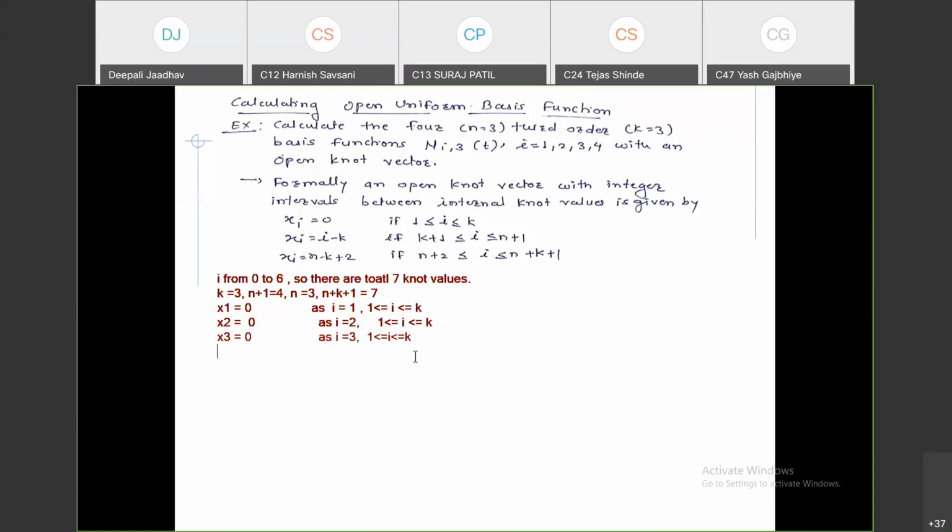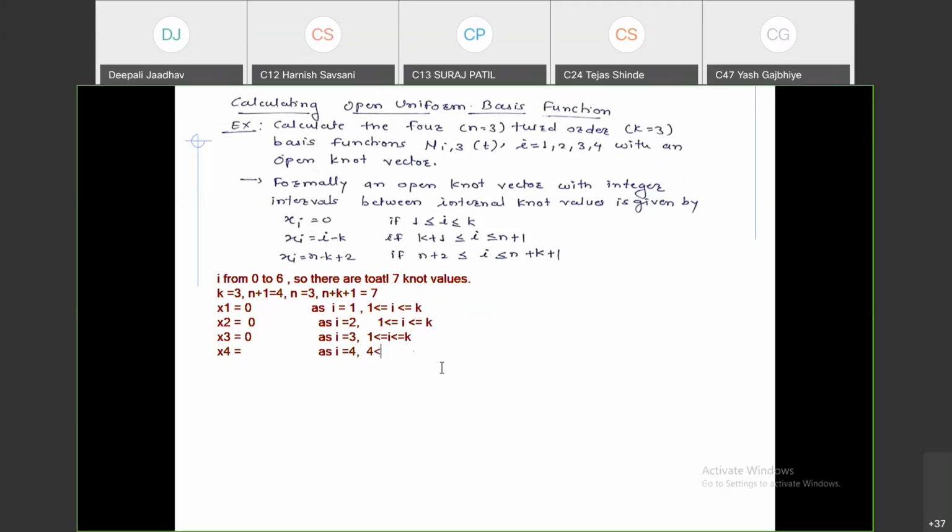Now we move towards x4. What is the value of x4? Here i is equal to 4. Is it greater than or equal to 1 and less than or equal to k, k is 3? No, it does not satisfy the first condition. Now check whether it satisfies the second condition. What is the second condition? k plus 1, that is 4.